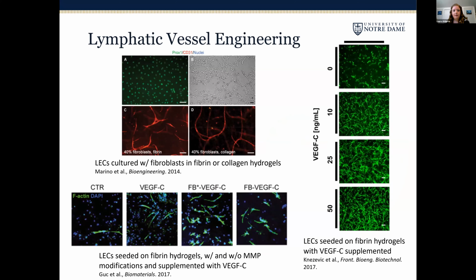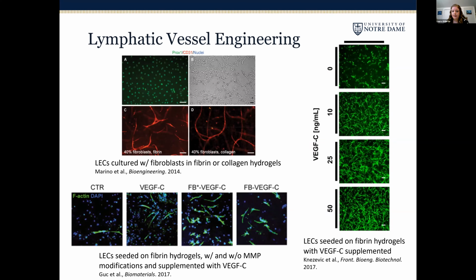Looking at previous groups, there have been several attempts at lymphatic vessel engineering. Most commonly, they will use fibrin or collagen, but as Cody discussed, there are some inherent issues with controlling the system when you adjust the densities or the percent ratios.